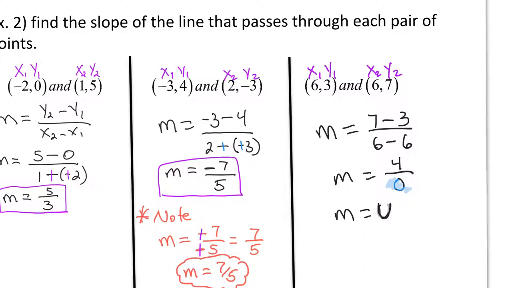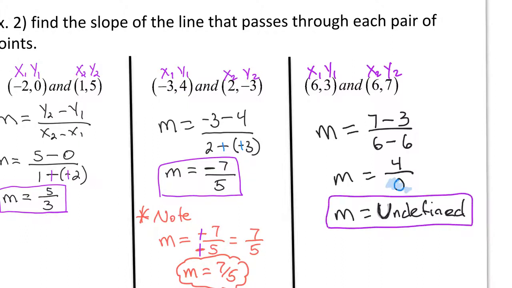So you're going to write down the word undefined. And why is it undefined? Because we don't know what is when you take a number divided by 0. So we say it's undefined. If you try it with your calculator, you're going to get a syntax error. You're going to get some type of error because you cannot divide by 0.